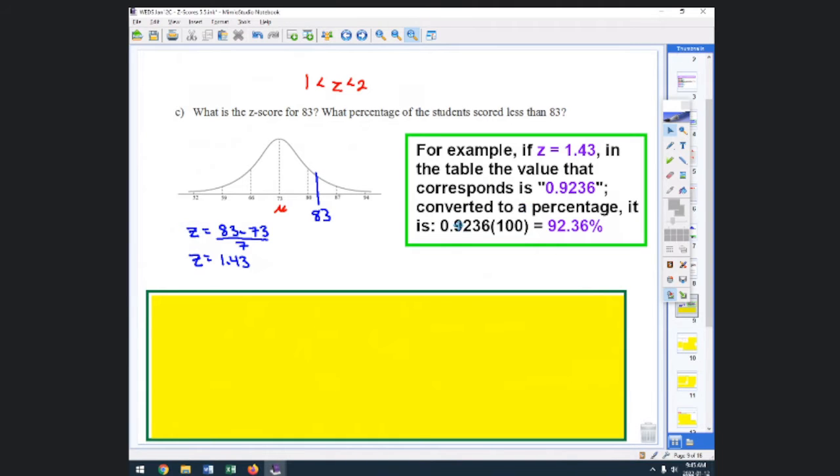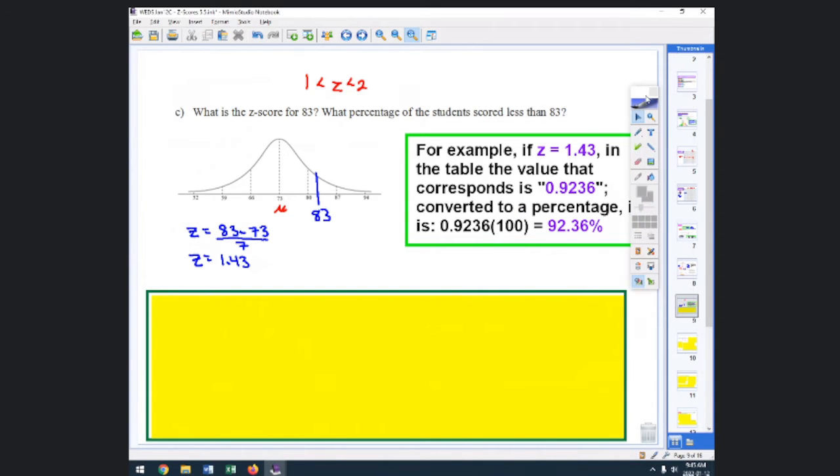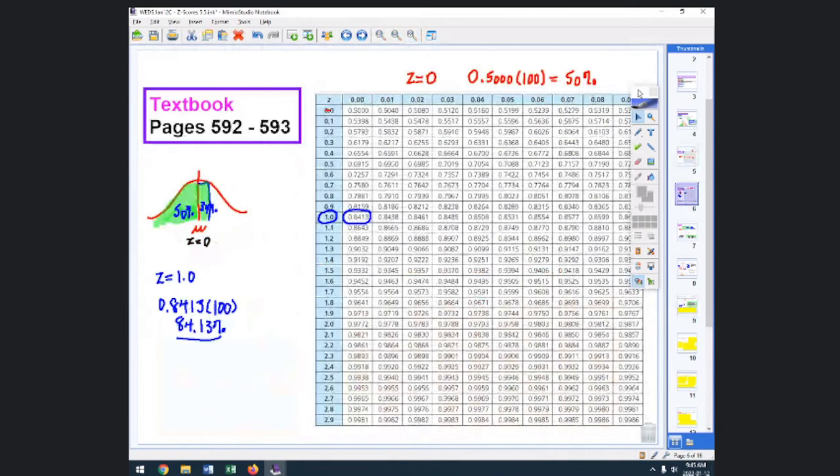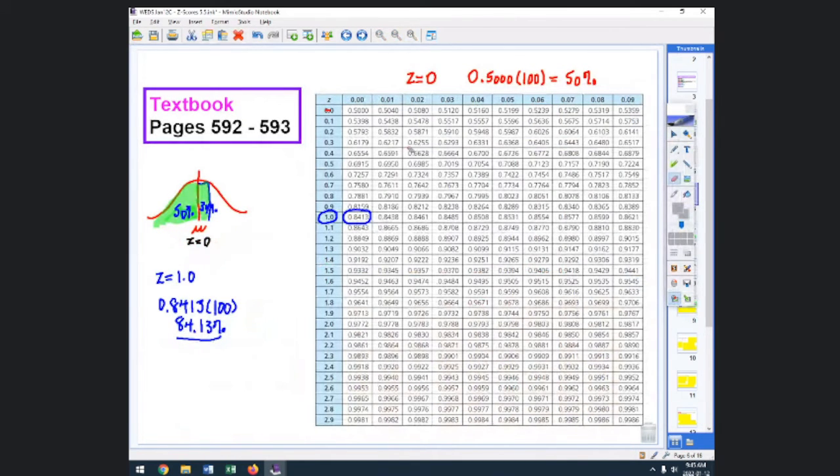So if we look up 1.43 in the table, if you have your table there, you should have a look. 1.43, so you're on the positive side of the Z-scores.